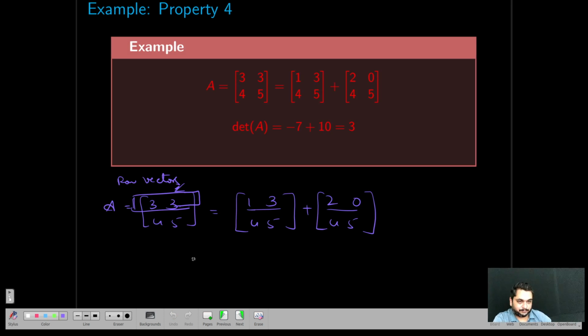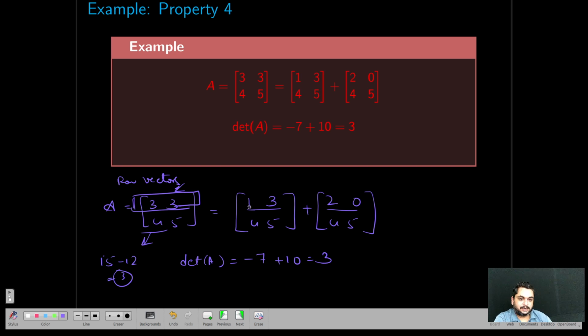If you observe here, we calculate the determinant of A. This will be equal to -7 plus 10, that is equal to 3. So the determinant of this matrix, calculated separately, will be 15 minus 12, which is 3.